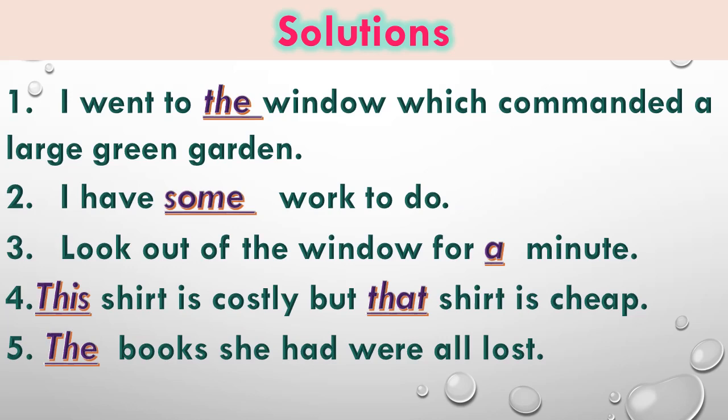And that shirt means that is farther away for which we are talking. And both terms or both shirts are singular. So this shirt is costly, the one we have with us, and that is singular, but that shirt is cheap. Maybe it is a little far away and we are just demonstrating it. We are demonstrating it, pointing out that that shirt is a little costly.